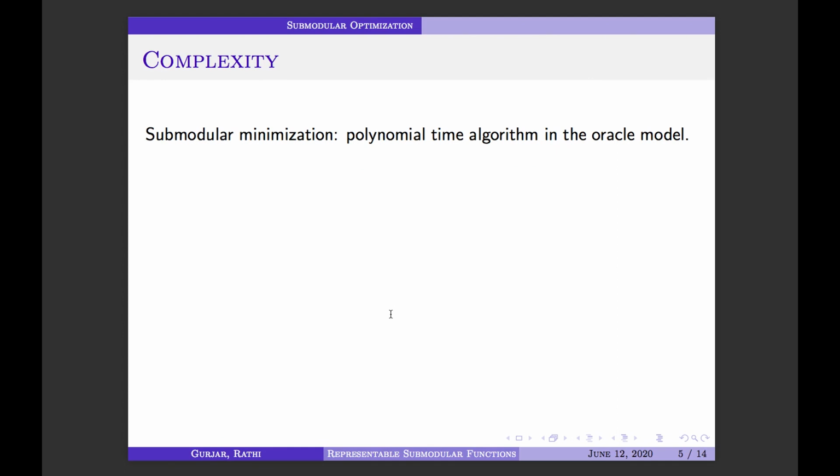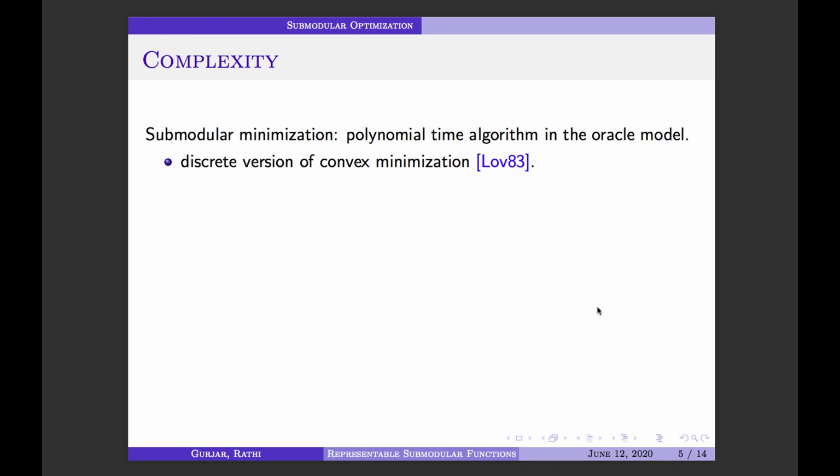Now, what is known about the complexity of these problems? Submodular minimization has a polynomial time algorithm in the oracle model, meaning you only need polynomially many queries to find the minimizing set.